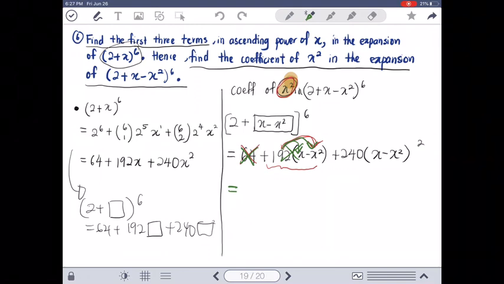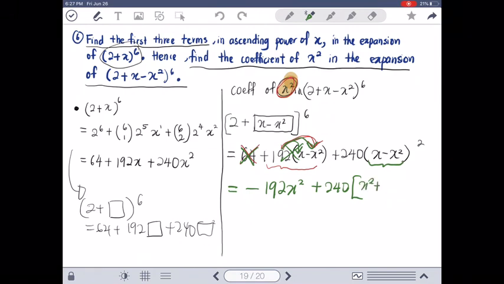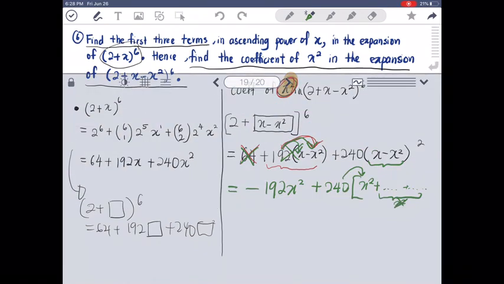So we want the second one, which gives negative 192 x squared, plus 240. And if we expand that, we will get x squared plus other terms, and whatever is behind will not produce x squared. So we only need to consider the first term of the expansion.